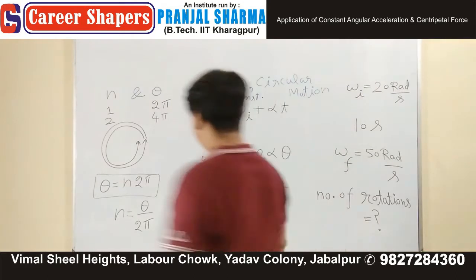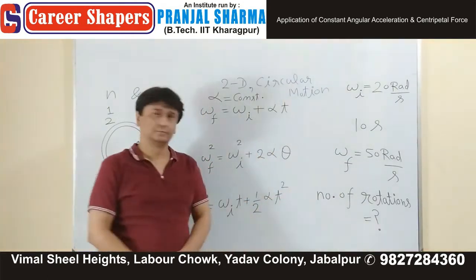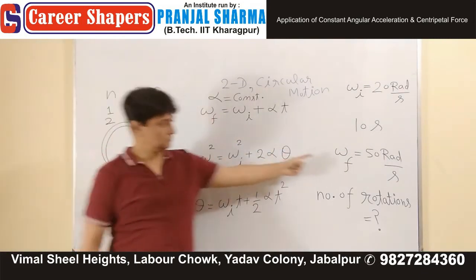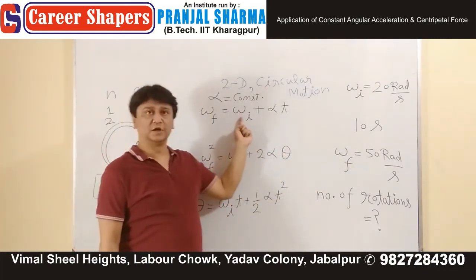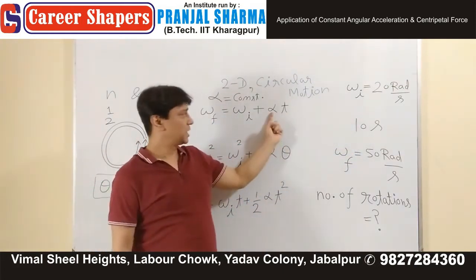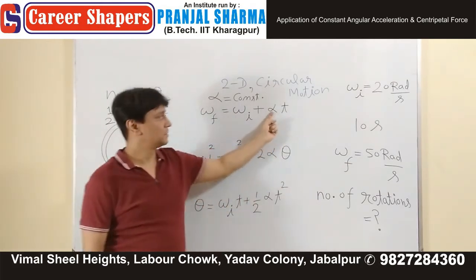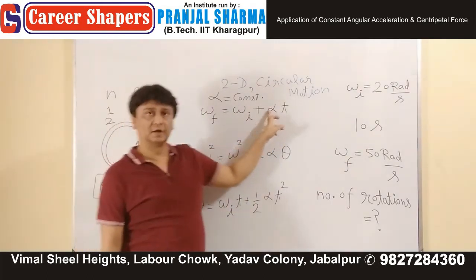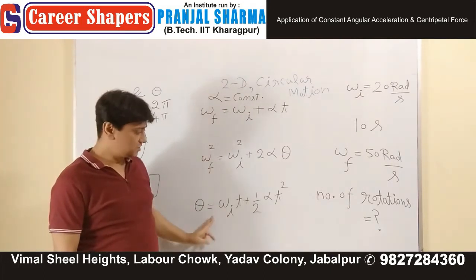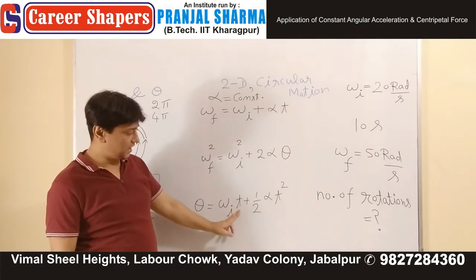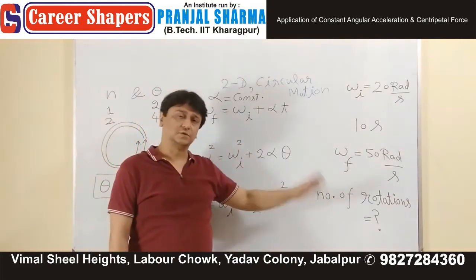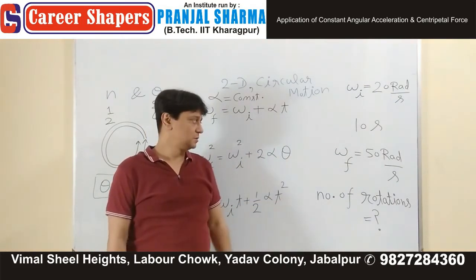One way is we have the value of omega final, we have omega initial, time is given, we can calculate alpha. And the moment you calculate alpha, put it in this equation. Omega initial is known, t is known, alpha is known, and you will get your answer. This is one way of answering this.